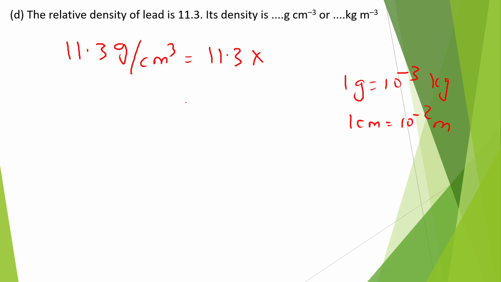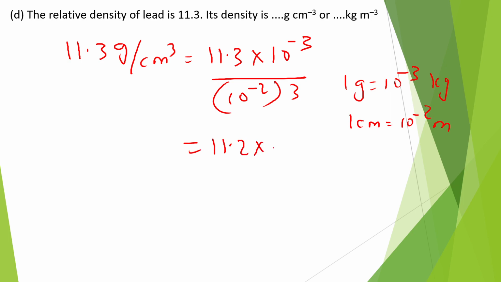Once you substitute this, 11.3 into 10 to the power minus 3 divided by centimeter cube, so 10 to the power minus 2 all cube. So once you solve this, you will be getting the answer 11.3 into 10 to the power 3 kilogram per meter cube.